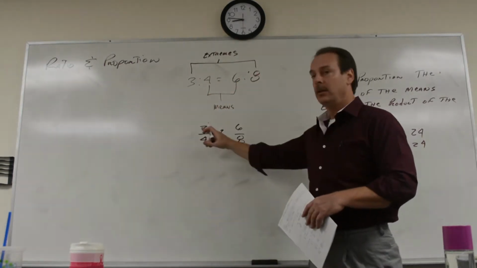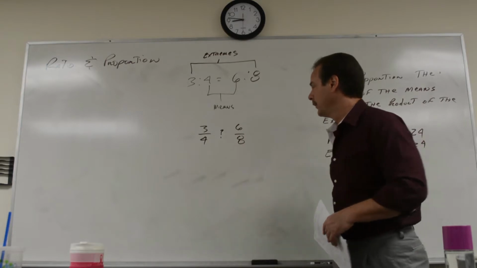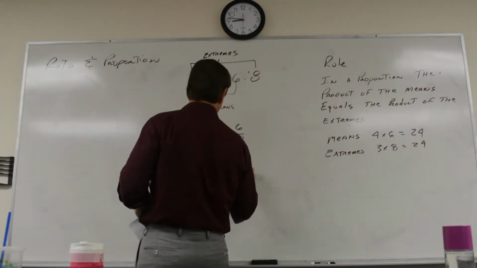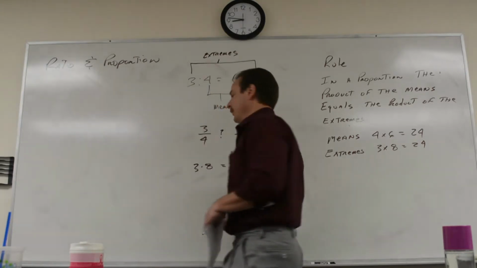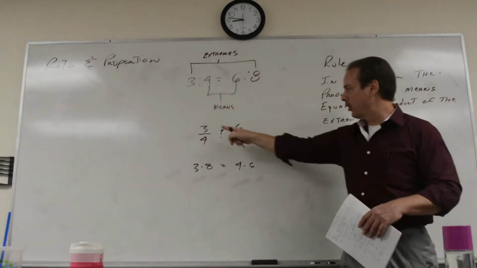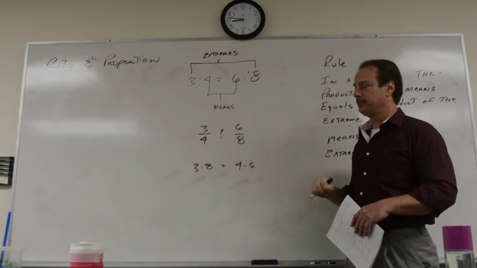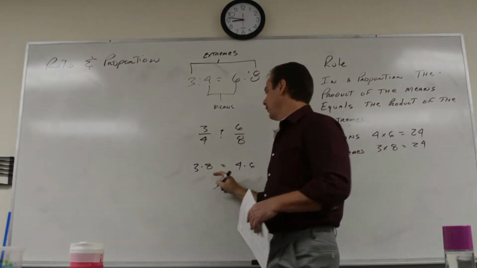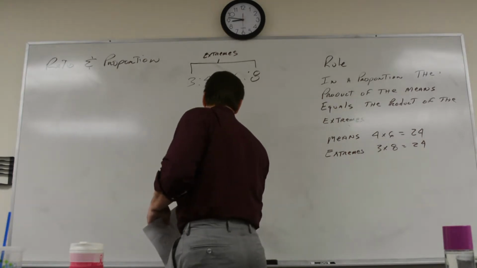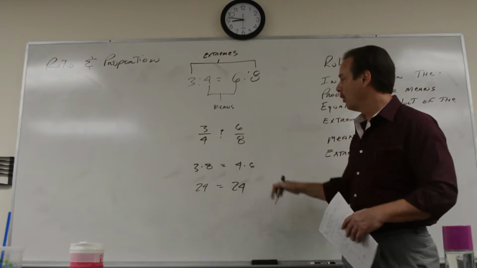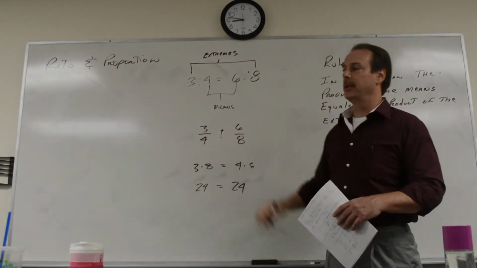Well, we could cross multiply. So we would take 3 times 8 is equal to 4 times 6. And if these two numbers are equal when you cross multiply, then the ratios are equivalent. Let's see if it works with these. 3 times 8 is 24. This equals 4 times 6, which is 24. So 24 equals 24. These two ratios are exactly the same.